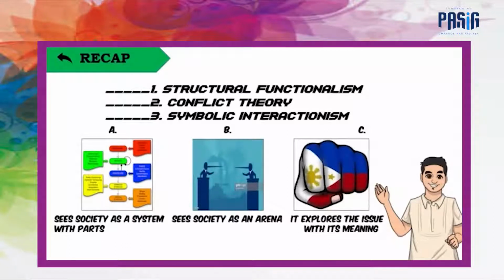Letter C explores the issues with its meaning. Which of the numbers, structural functionalism, conflict theory, and symbolic interaction, match with A, B, C? Let us check. A goes with structural functionalism, while number 2 is conflict theory, letter B, and number 3, symbolic interactionism, goes with letter C.